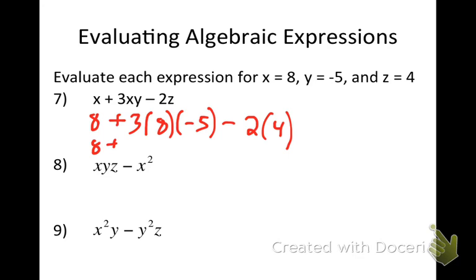It's easier to multiply -40 by 3 than it is to do 3 times 8, 24, or 24 times 5. Okay, remember, those properties we talked about the last couple of days. I can switch those properties around and multiply them in any order and get the same answer. So 3 times 8 times -5 is really negative, what is it? -120, so -120. And then 2 times 4 is 8.